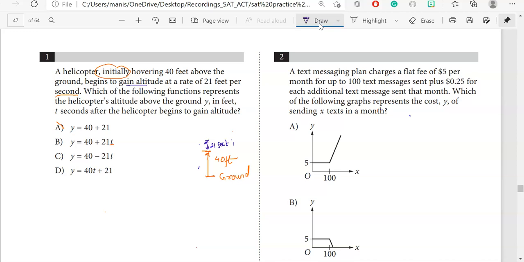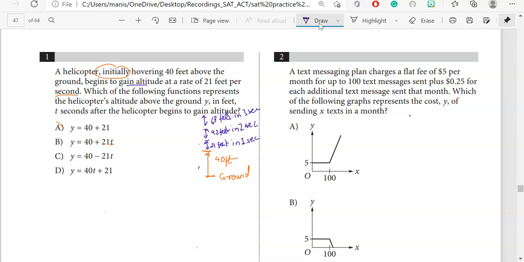In 2 seconds it will go one more 21 feet, or 42 feet. So this is kind of uniform. In the third second you add 21 more, so it will be 63 feet in 3 seconds. When the helicopter altitude begins to increase, it increases at a rate of 21 feet per second.